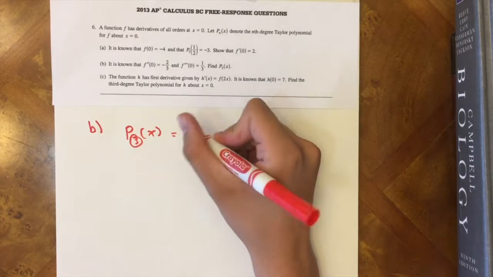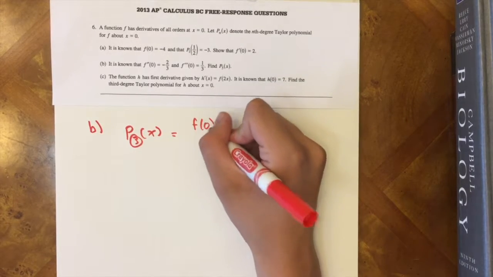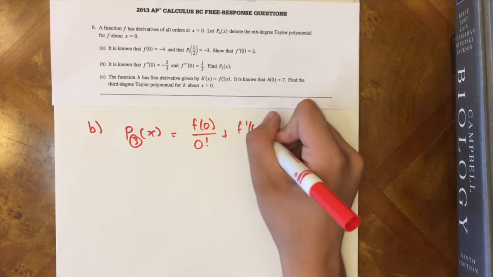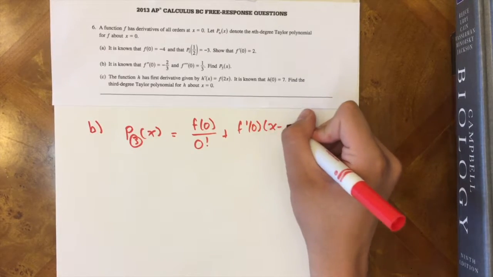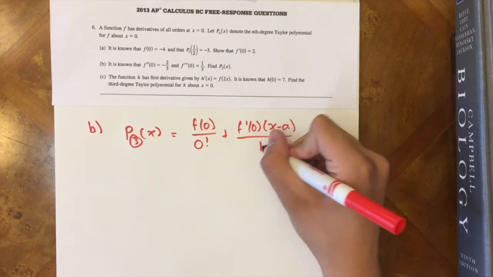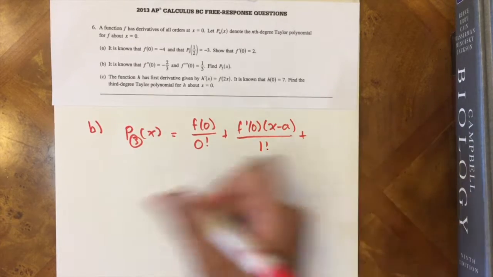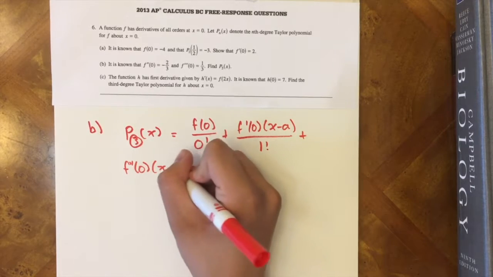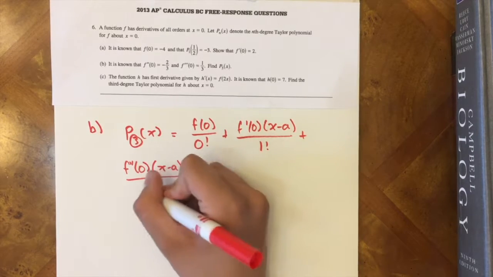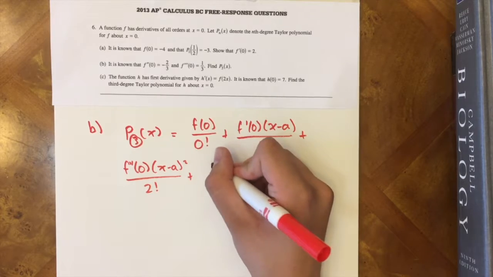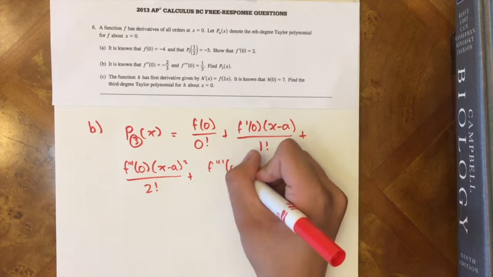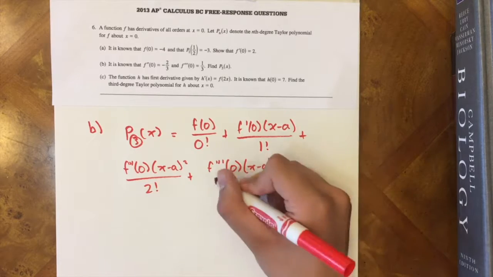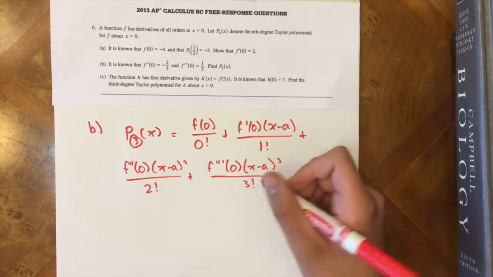So by definition, this is equal to f of 0, just like we did last time, plus f prime of 0 times x minus a over 1 factorial plus f double prime of 0 times x minus a squared over 2 factorial plus f triple prime of 0 times x minus a cubed over 3 factorial.